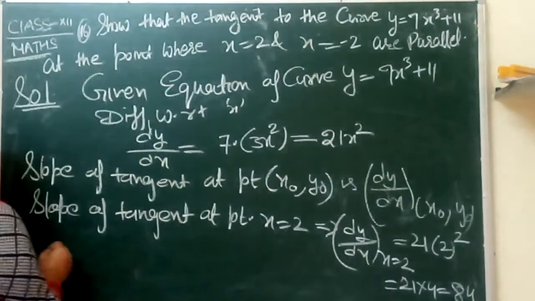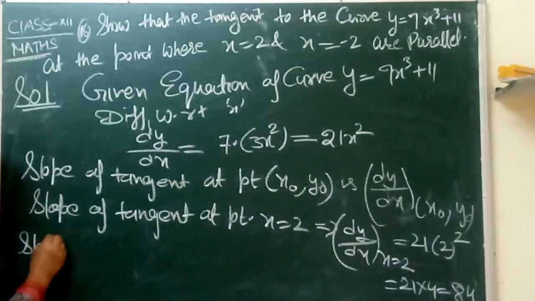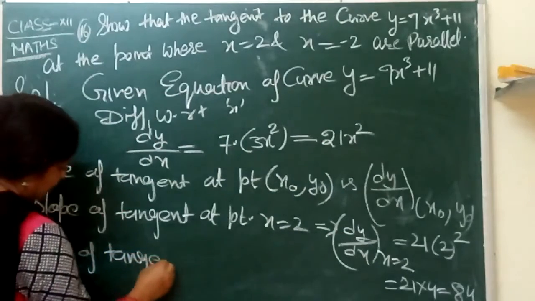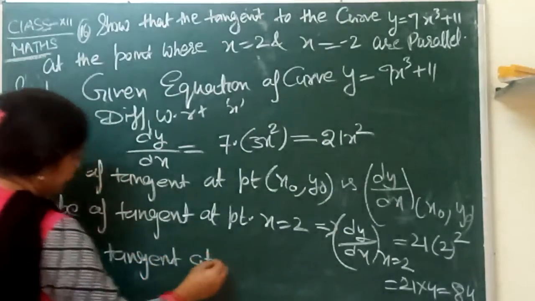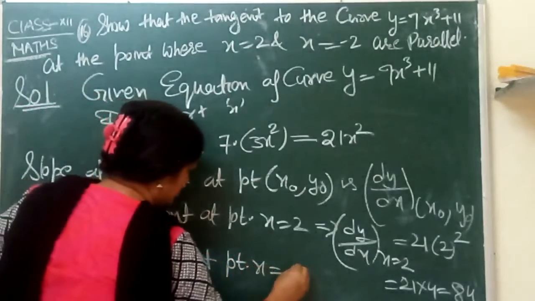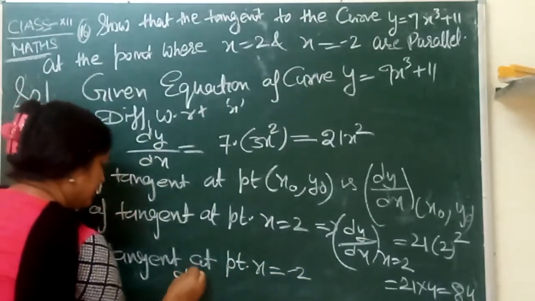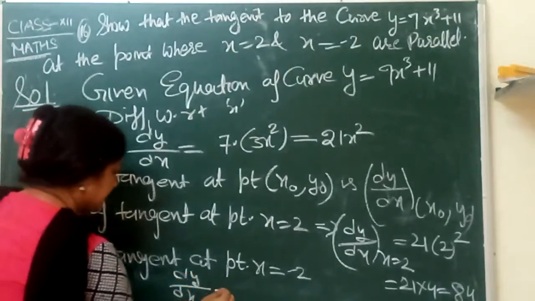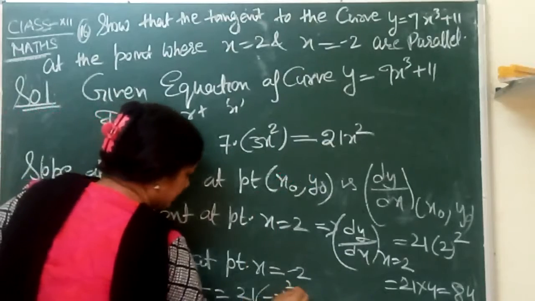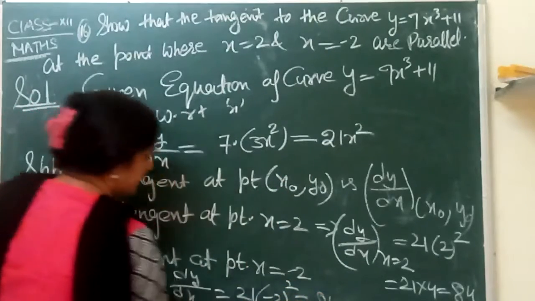After that, slope of tangent at point x equal to minus 2 will come dy upon dx 21 into, we put here minus 2 whole square, that will come 84.